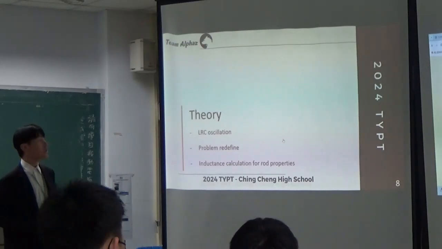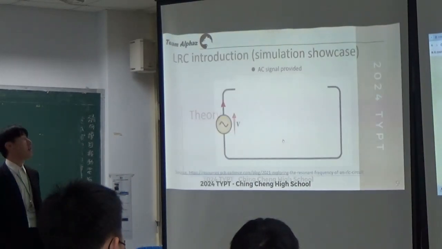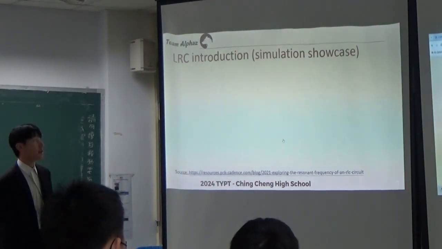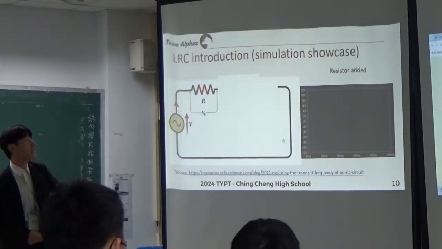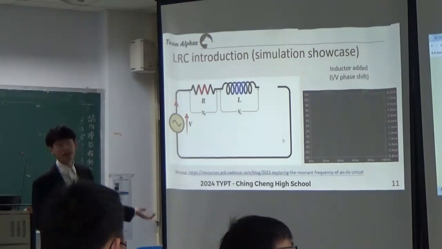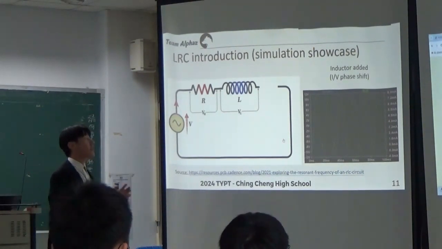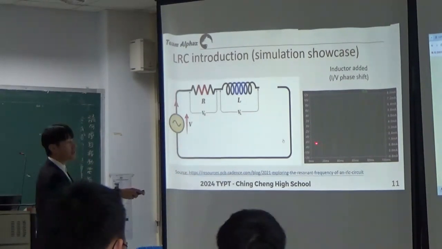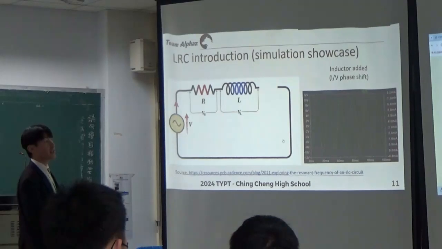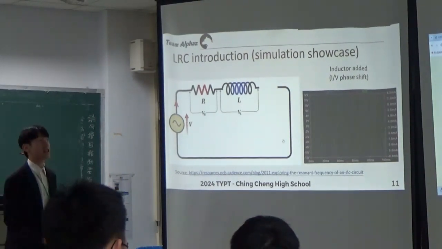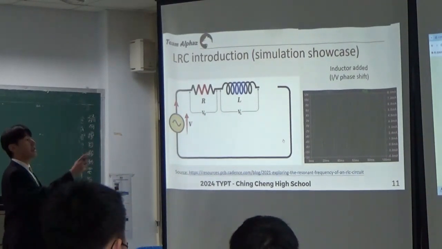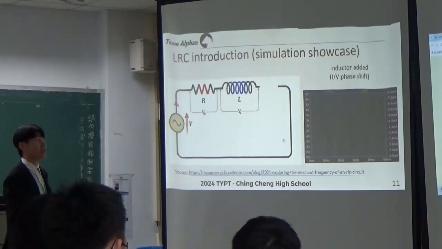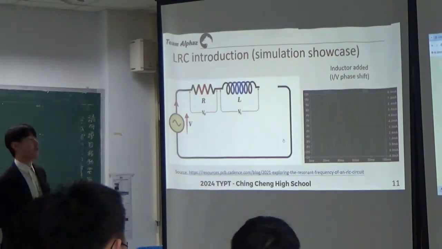So here is our theoretical model. First, let's see what an LRC circuit actually is, and we also have our simulation presented. First, we install a resistance, and next we install an inductor on it, where we can observe a clear phasor difference between the voltage and current, which is produced by the inductance of the inductor, and which is the phase shift.